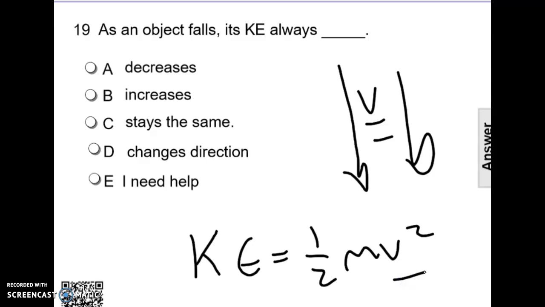Because the velocity is increasing, there will be an increase in kinetic energy. So the correct response will be B. Kinetic energy will increase, because as it falls, it moves faster and faster, therefore increasing the velocity, therefore increasing the kinetic energy.